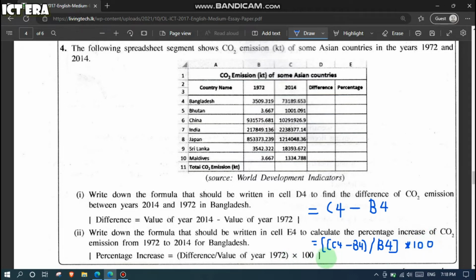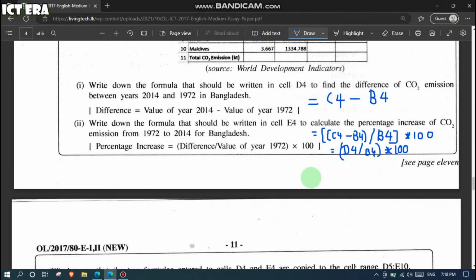Or else you can write it differently. In the first one we wrote the difference in cell D4, so you can directly write equal D4 divided by B4, whole in bracket, then multiplied by 100. So these are the two ways. For both ways marks are given.